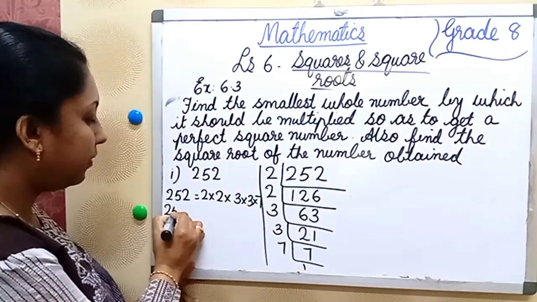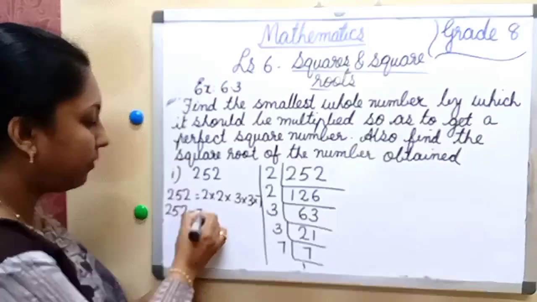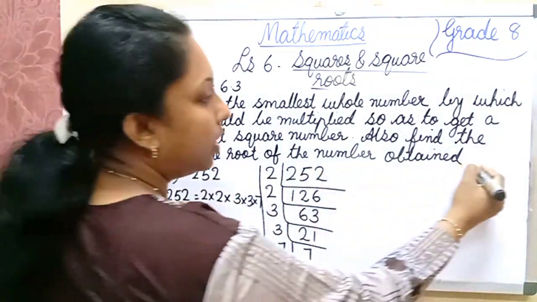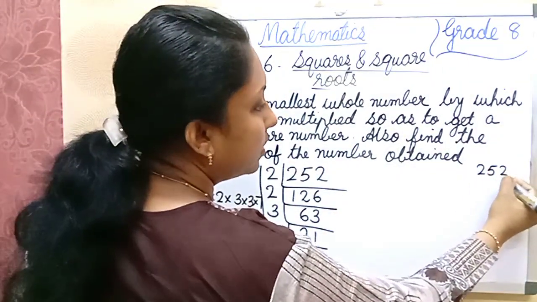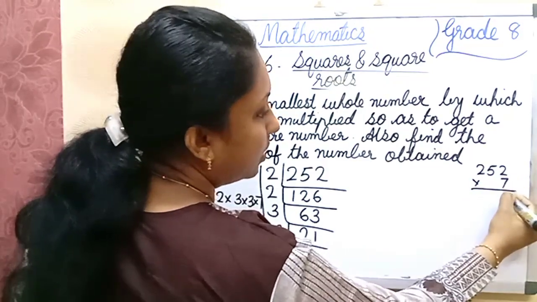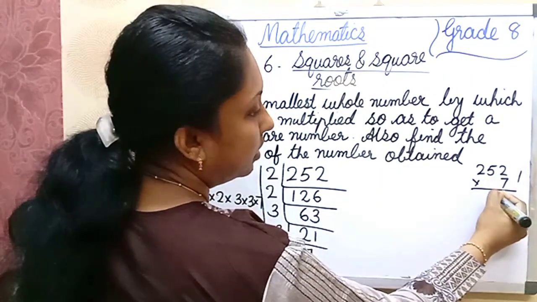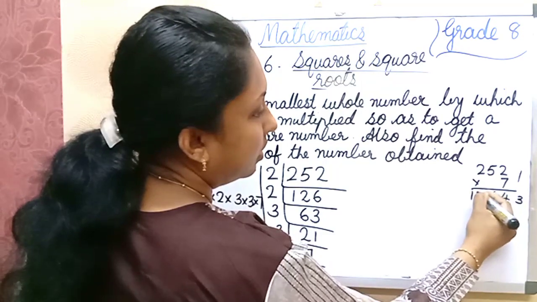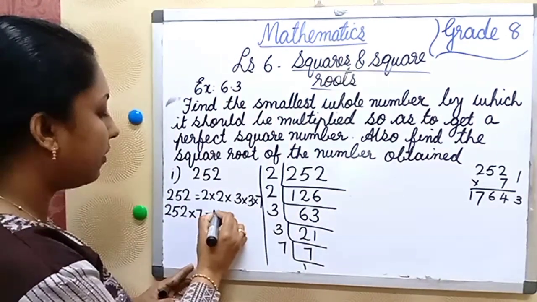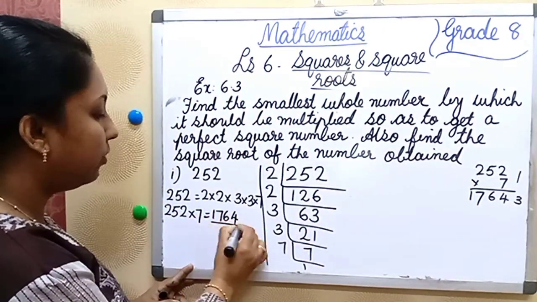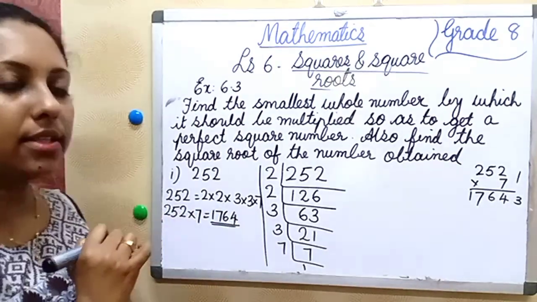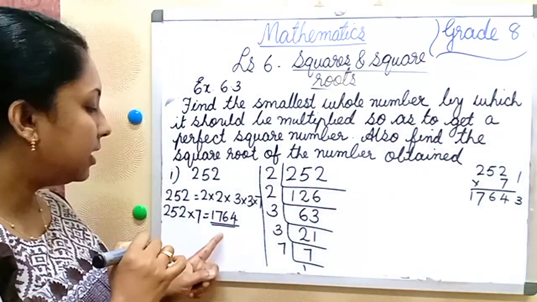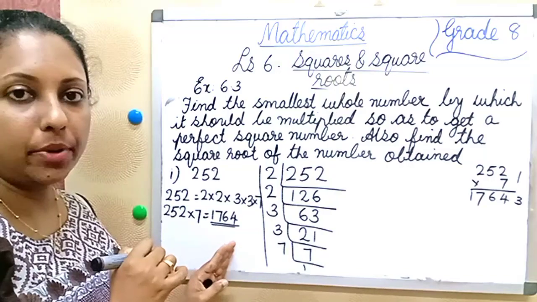So 252 into 7 we have to do. 252 into 7: 1764. The new number is 1764. So this is a perfect square.